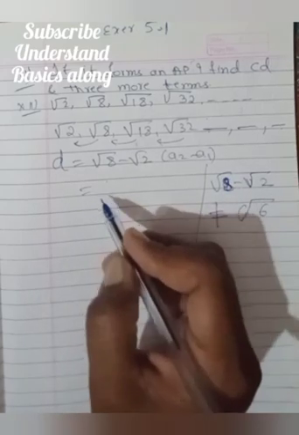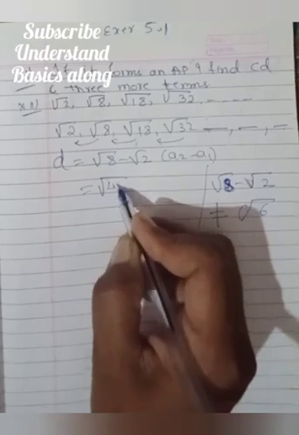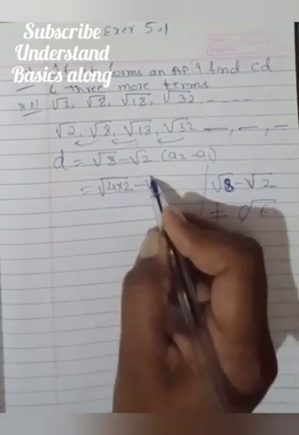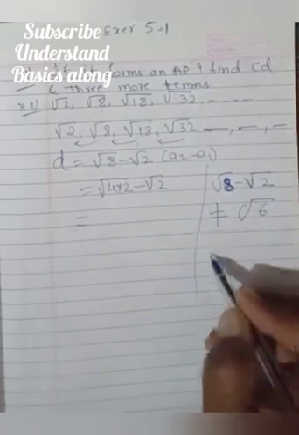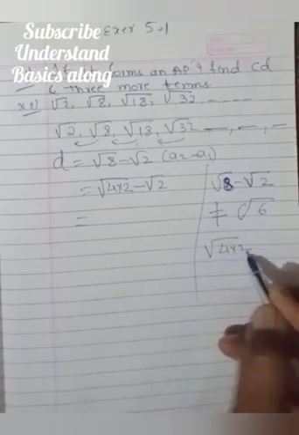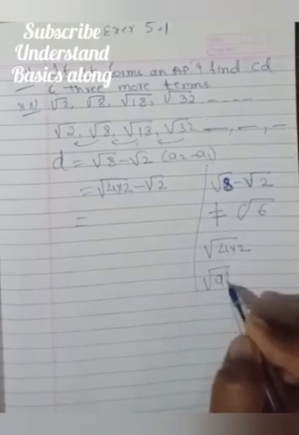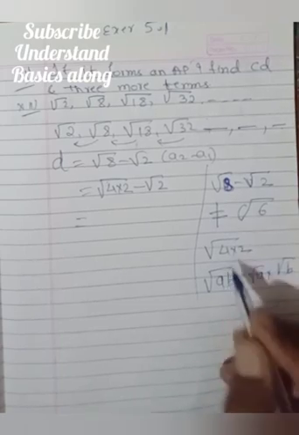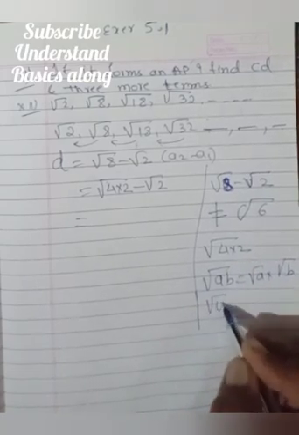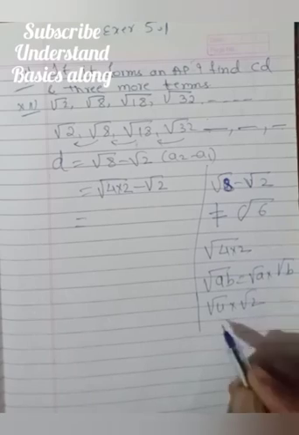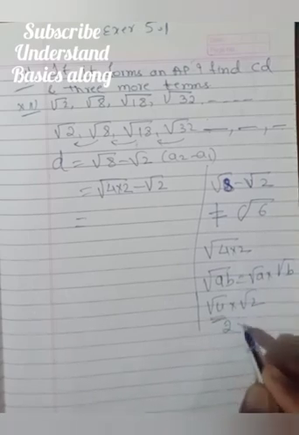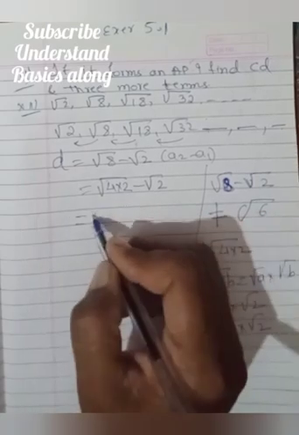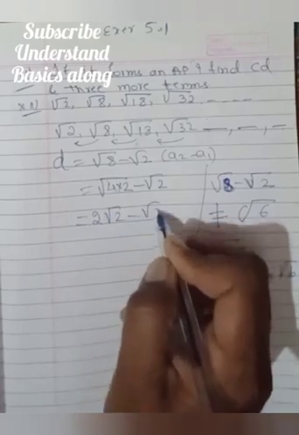Then how to solve that one? I'll show you. Root 8 can be written as root 4 into 2 minus root 2. Very simple. Root AB can be written as root A into root B. So in the same way, when root 4 into root 2 is written this way, we get root 4 as 2, so 2 root 2 minus root 2.